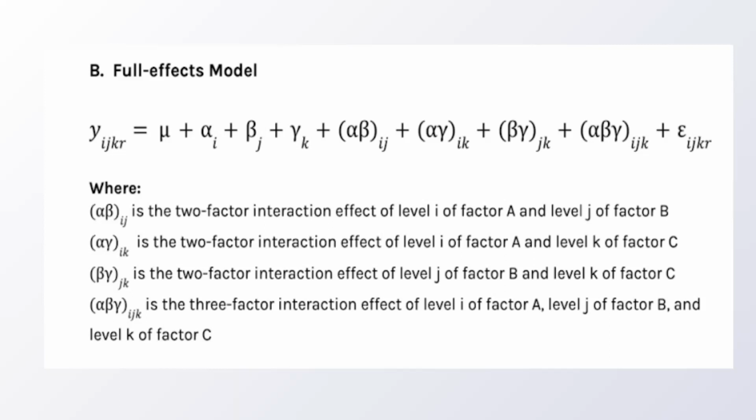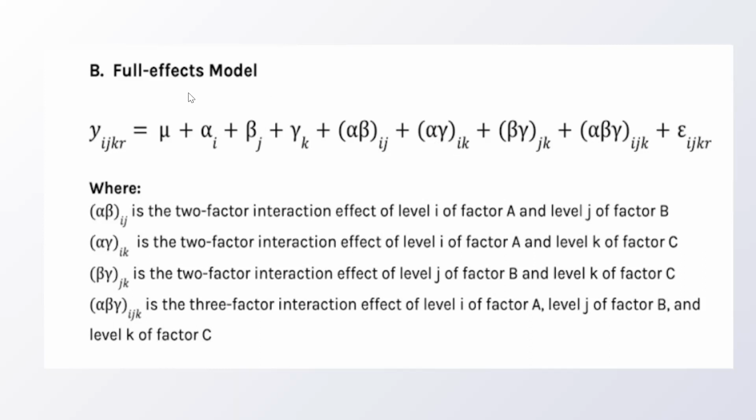Plus, yung tawag po dito is the interaction of alpha and beta sub ij, interaction effect of alpha and gamma sub ik, and plus the interaction effect of beta and gamma sub jk, and the interaction of the three ijk, plus the error sub ijkr.